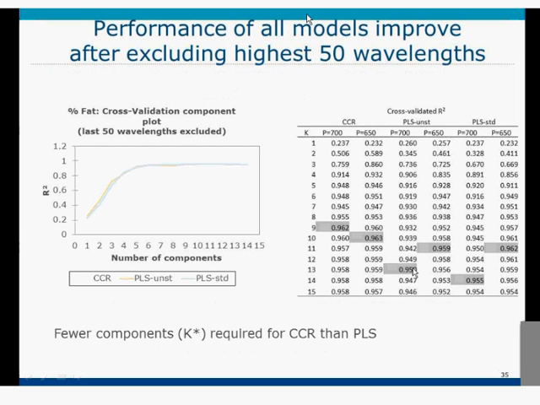PLS unstandardized, go from a 13 to an 11, where you have the highest CV R squared in both cases. But again, you go up. Here you go up substantially, 0.95, or well, you go up. And PLS standardized, you also increase. So in all cases, regardless of what method you use, you get a better prediction if you exclude those predictors.